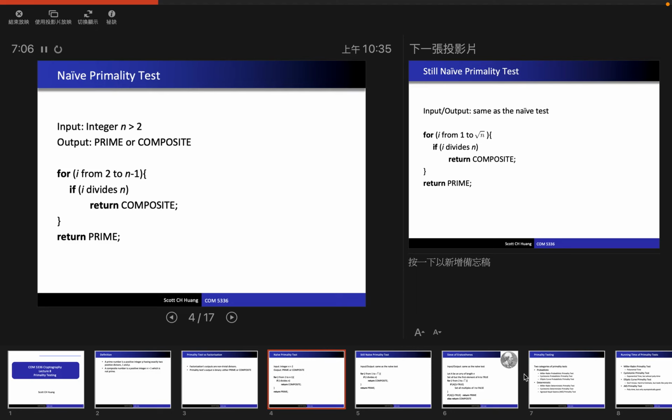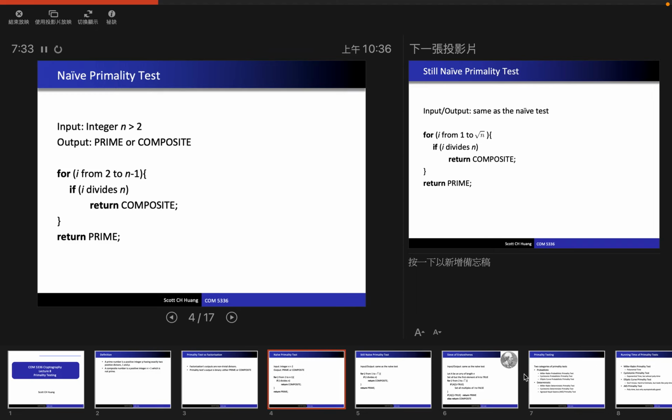So why is this not a polynomial time algorithm? Let me check with the other students that everybody knows why. Is n not polynomial? So why?